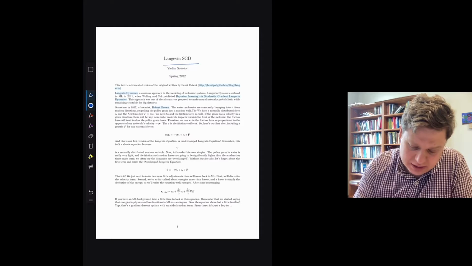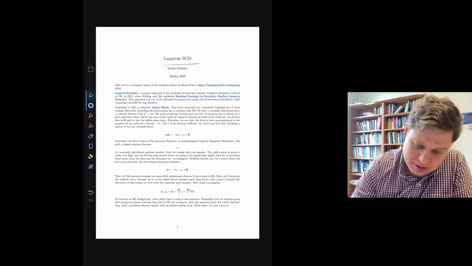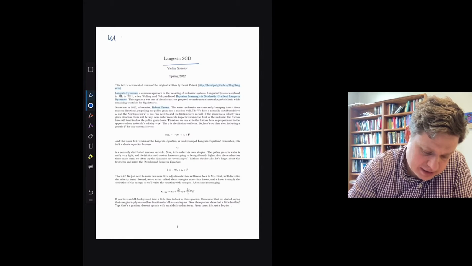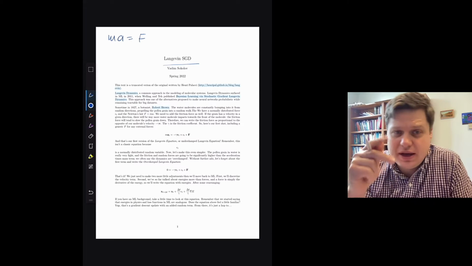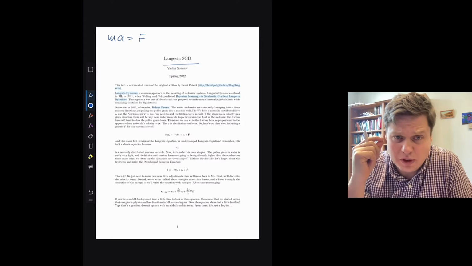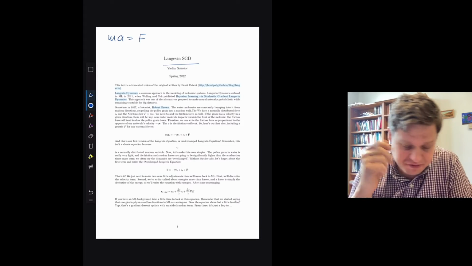The Brownian motion idea is that you have your second Newton's law that says that mass times acceleration equals force. And if you think of the force on a particle, we're going to look at the case where you actually have friction.